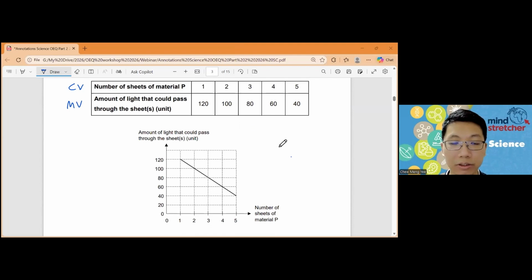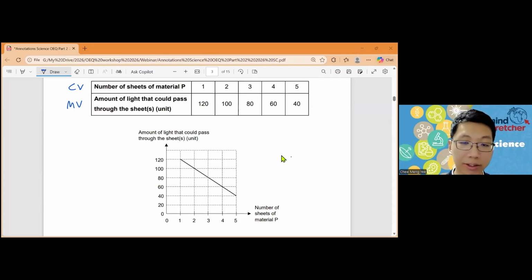So in this diagram, in this graph here, you can see we have the table and then it has been placed into the graph. So they're just showing you that there are different ways to express your data, to record your results. Put it in a table, put it in the graph, and you must be able to read both and be able to identify which are the changed and measured variables.